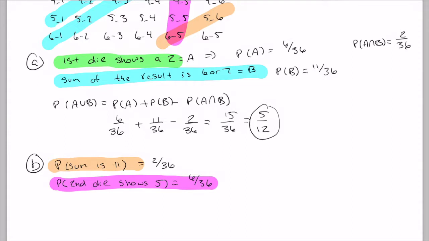Now we need to find the intersection. So P(sum is 11 intersection second die shows 5) is going to be 1 out of 36 because it's just that one. So we have 2 out of 36 plus 6 out of 36 minus 1 out of 36 equals 7 out of 36.